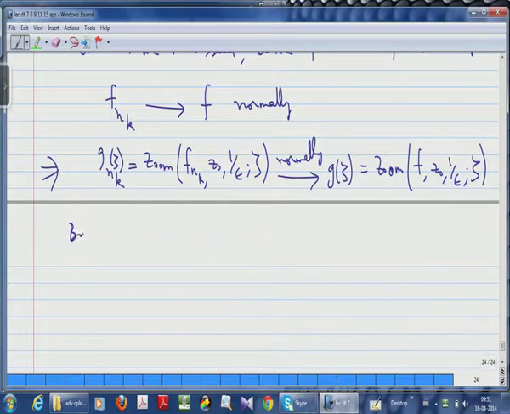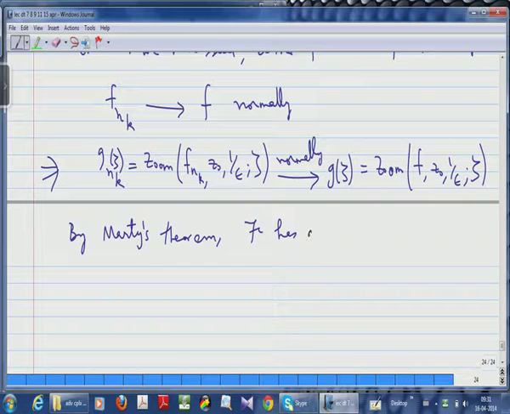So by Marty's theorem, if you take the spherical derivatives of the family script f, then that has a uniform bound. Let me write that down. By Marty's theorem, script f hash, which means the family of spherical derivatives of the functions in script f, has a uniform bound in mod z minus z0 less than or equal to rho.